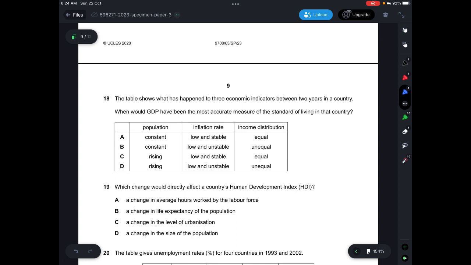And so if the population is rising, then the GDP, even though it's much higher, would be relatively inaccurate in calculating the standards of living in that country, because you're not calculating GDP per capita, you're calculating the entire GDP, right? So C and D would definitely be ruled out.